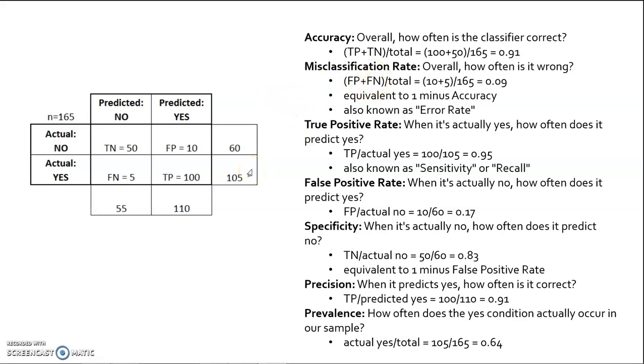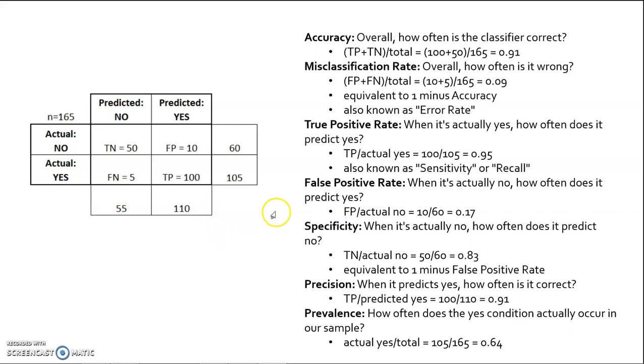True positive rate is whereby you calculate all of the correct positives that have been predicted, divided by all of the actual positives, be it mispredicted or not.